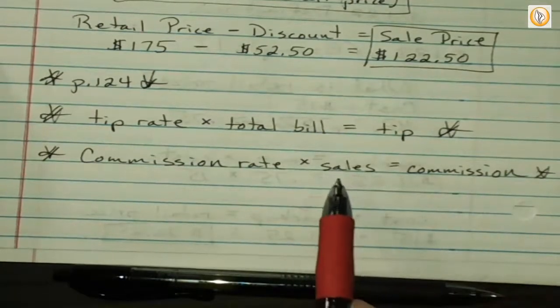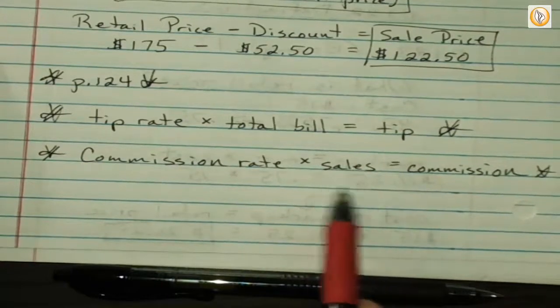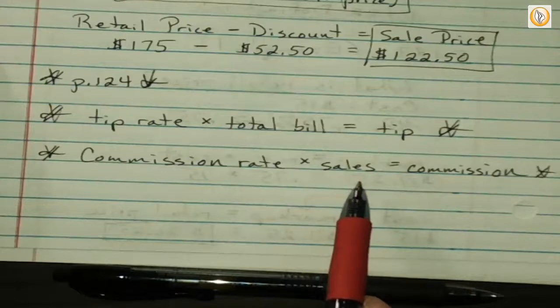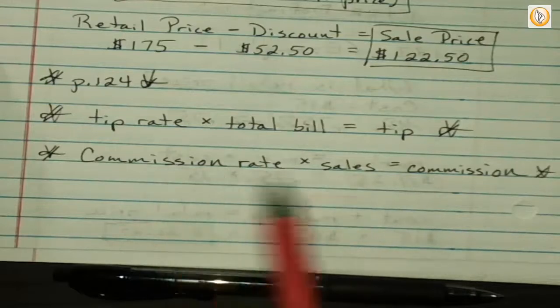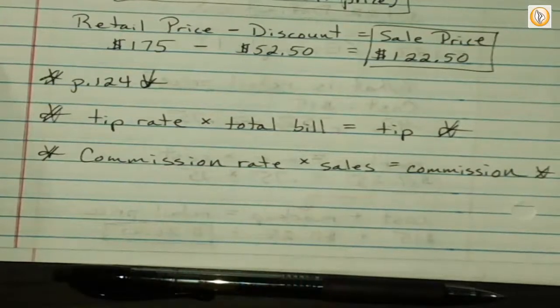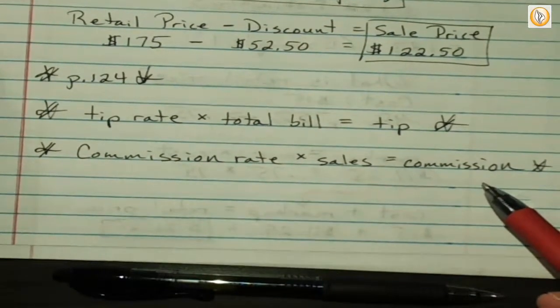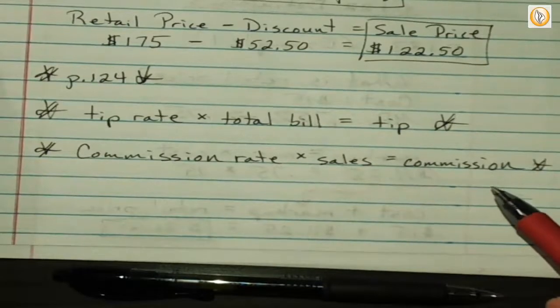For example, if he sells a Tesla for $75,000 to Gabby, and his commission is some percent of that, he may get, I don't know, $2,000 for the sale of that car.